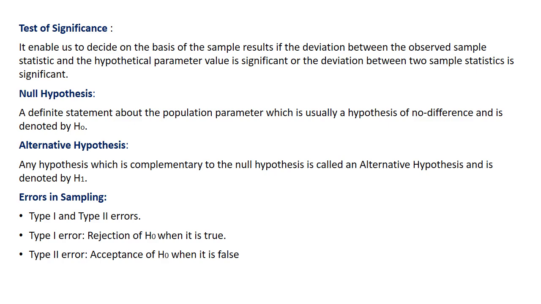Any hypothesis which is complementary to the null hypothesis is called as an alternative hypothesis, and it is denoted by H1. There are two types of errors in sampling. Type 1 error is rejection of null hypothesis when it is true, and type 2 error is going to be acceptance of null hypothesis when it is false.